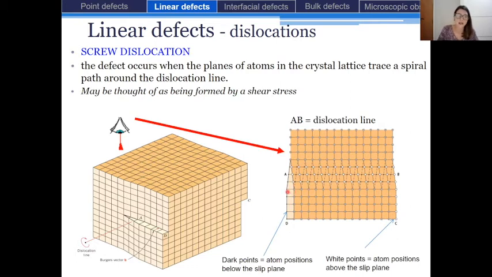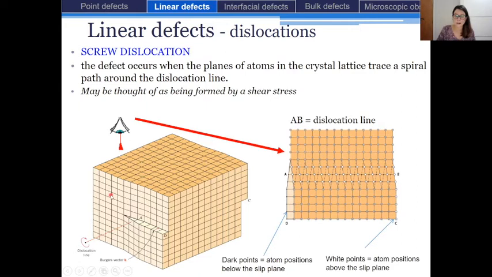Okay, so just to repeat once again, the dislocation line in that case is perpendicular to the plane we observed on this figure.